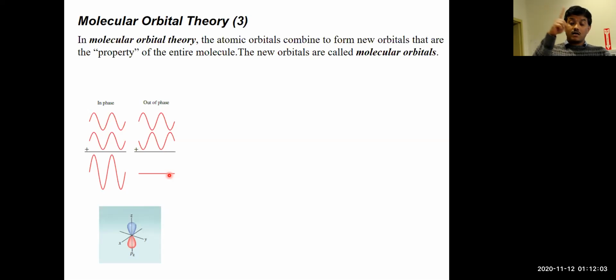So when you combine the individual atomic orbitals of atoms into one whole set of molecular orbitals, the different waves of different atoms are exposed to each other.